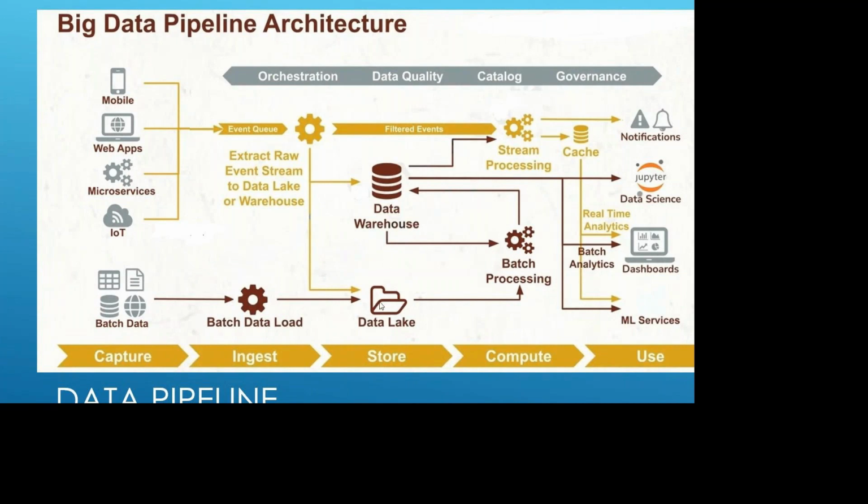In AWS, we call it S3 buckets. All the data is stored in this entire data lake, and depending on the business requirement, we can use it for stream processing or batch processing.